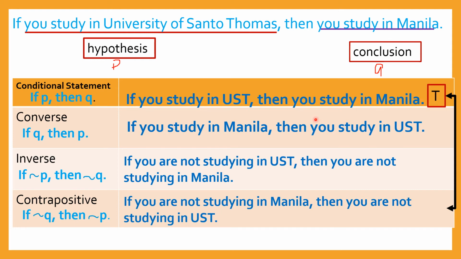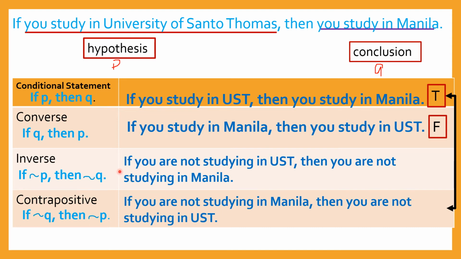Now, what about the converse? Is the statement still true? If you study in Manila, then you study in UST. This one is false because you might be studying in another university, but still in Manila.